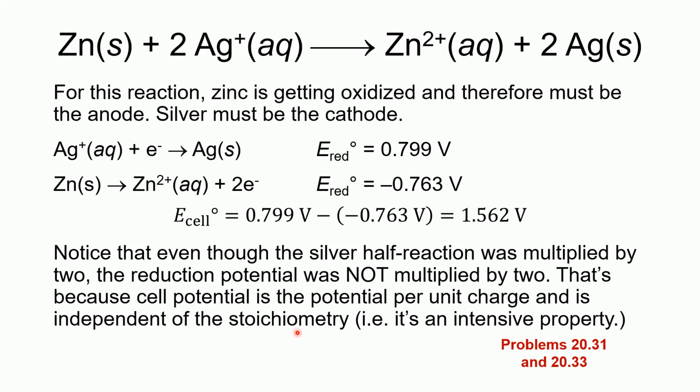In other words, it's an intensive property, so it's independent of the amount. The amount is already baked in because it's joules per coulomb. Okay, so I don't want you to fall into the trick of, oh, I doubled this, I need to double this. That is incorrect and not a mistake I want you to make.